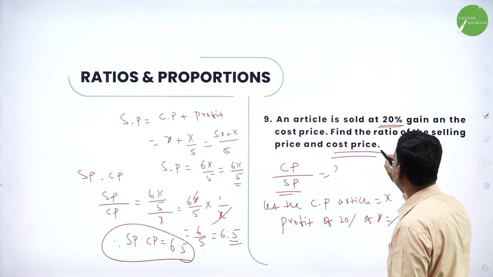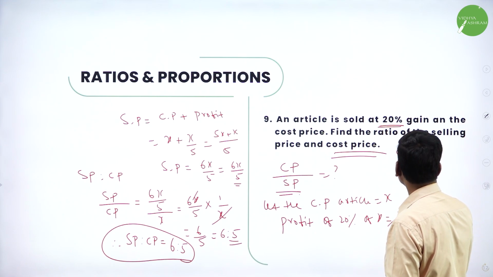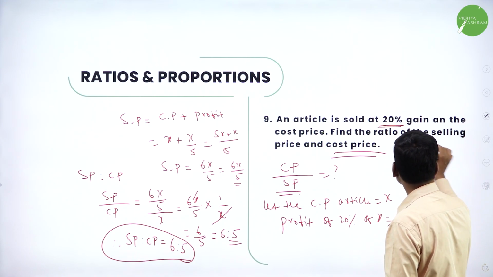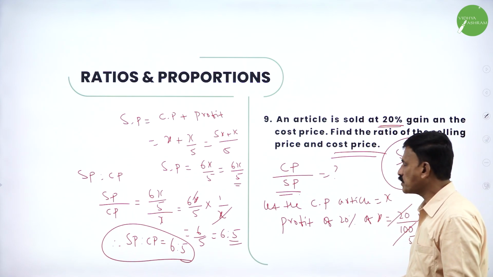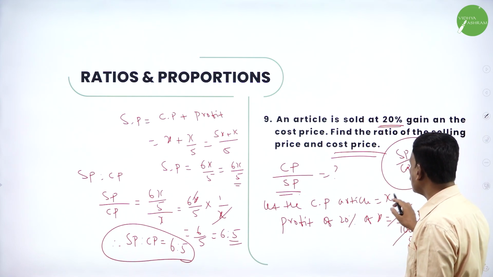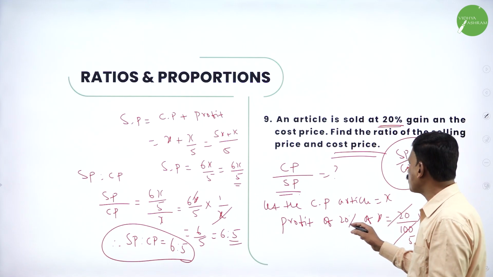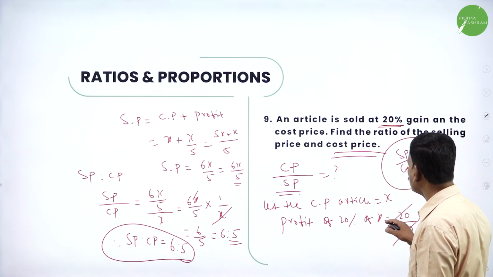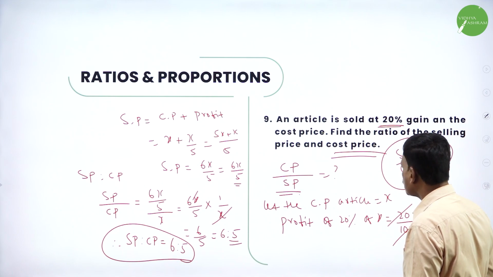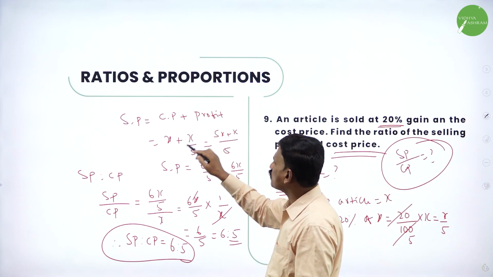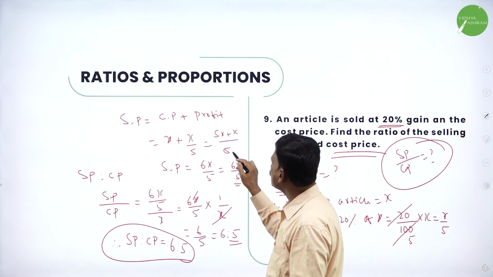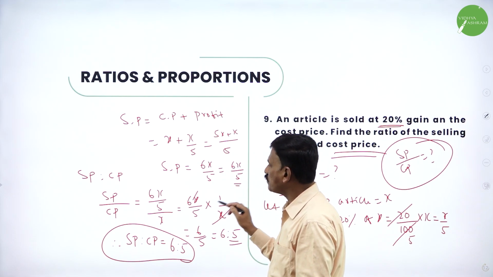Find the ratio of selling price divided by cost price, that is to be determined here. Selling price by cost price. Now the cost of an article is considered as X. Therefore profit of 20% is 20 by 100 of X, which is X by 5. Since the selling price is equal to cost price plus profit, X plus X by 5, that is 5x plus X by 5, 6x by 5.